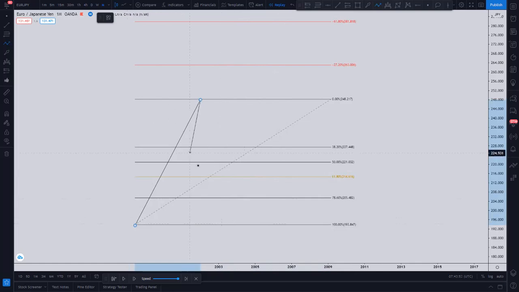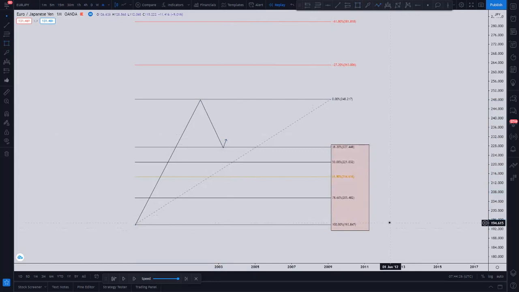So now, how do we use this tool to trade? Whenever we're using this tool, we need to let price tap into our level so that all of them can be valid. If one is tapped, all of them are valid.